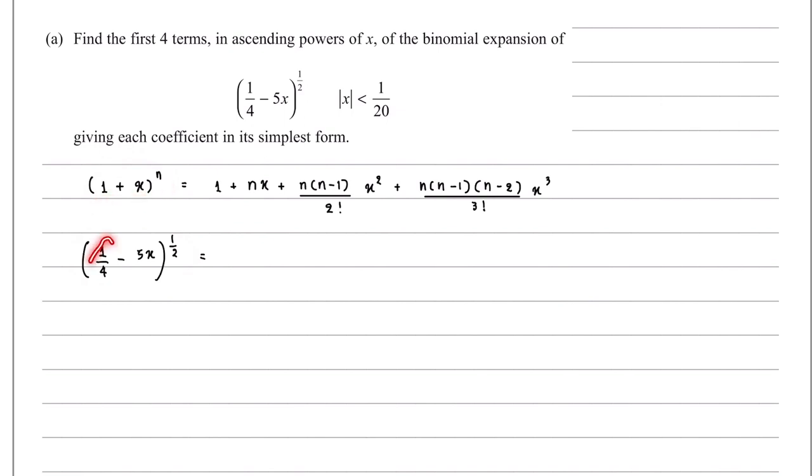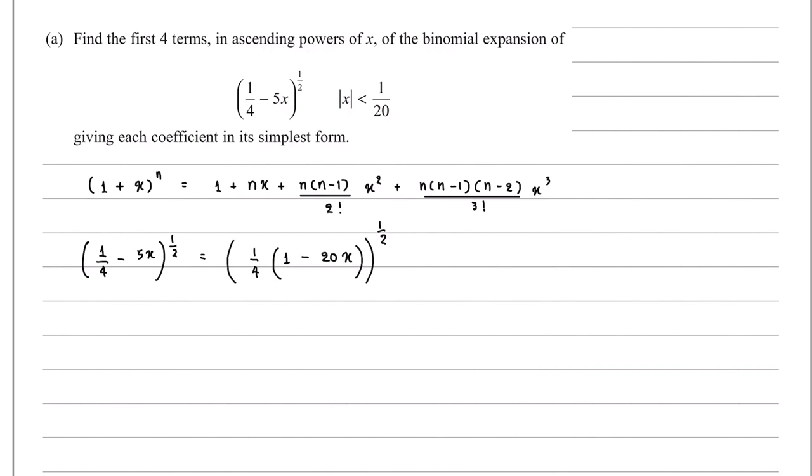You can see our first term is still not 1, so we have to change it to be 1 by factorizing it. But the factorization has to be inside these brackets. We factorize 1/4 out so that the first term can be 1. 1 minus 20x, and then to the power of 1/2.